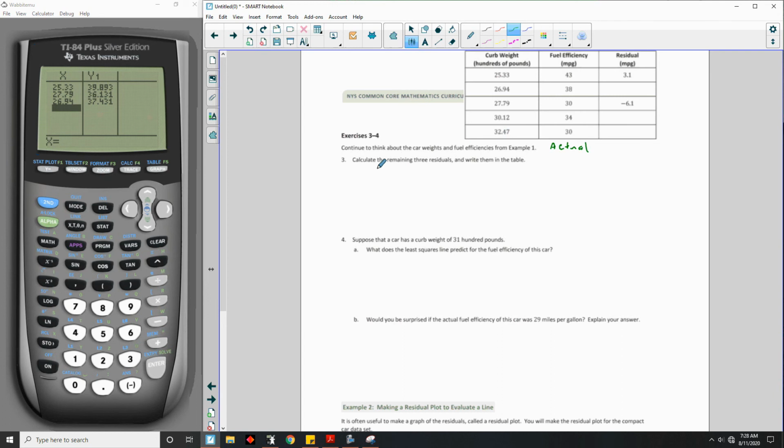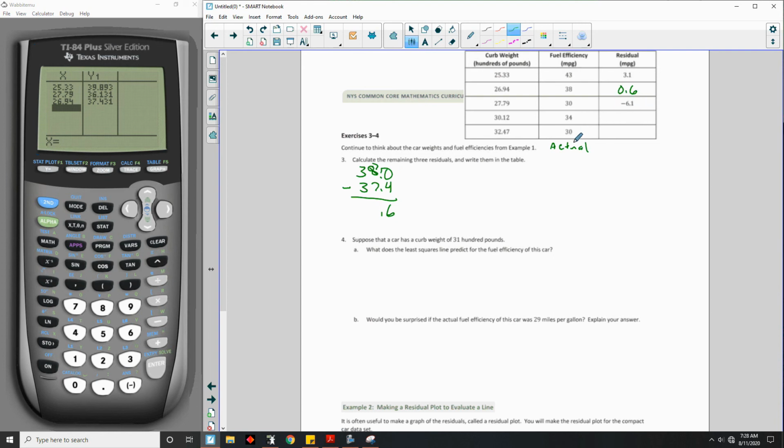So this is going to be 38 minus predicted 37.4. We're rounding to 1 decimal place. So when I do this and borrow from the ones, I get 10 minus 4 is 6. So it's 0.6.